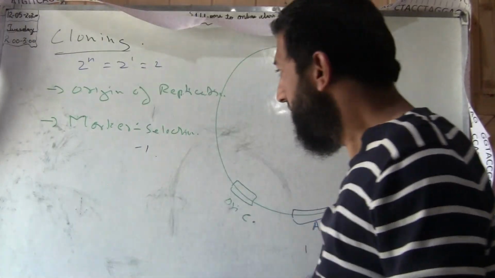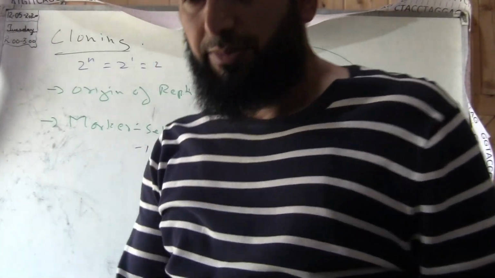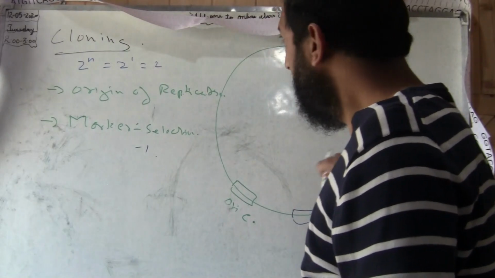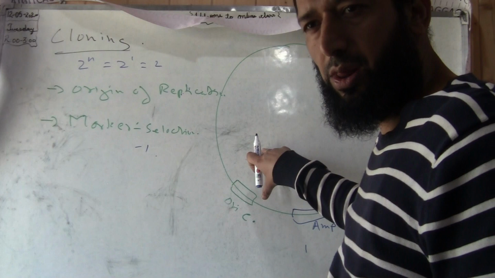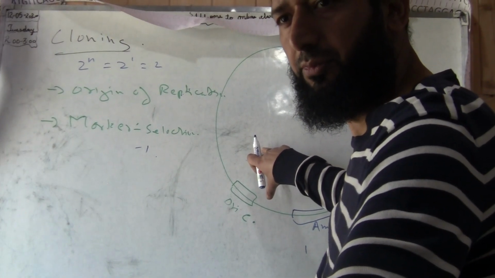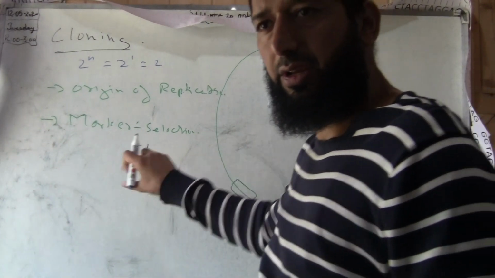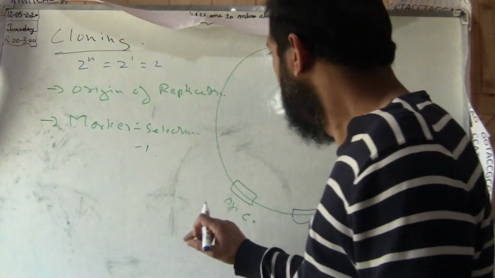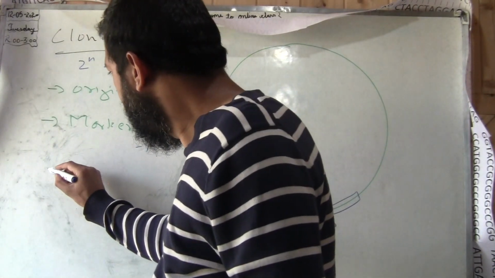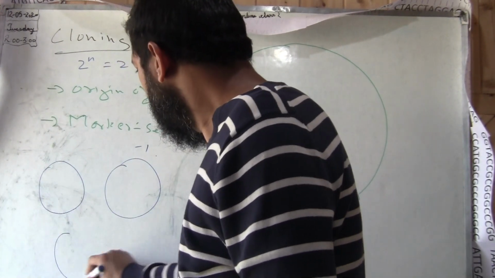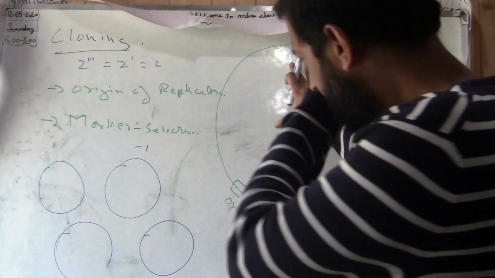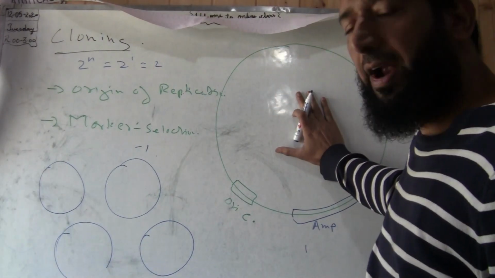So this marker for selection is important because once you take your gene, you clone it, you took a gene, you cloned it in the vector.